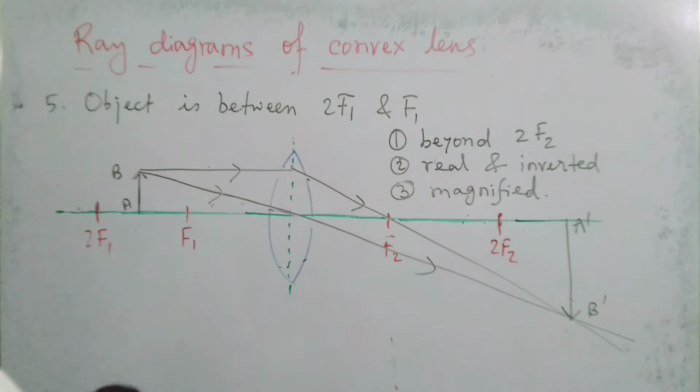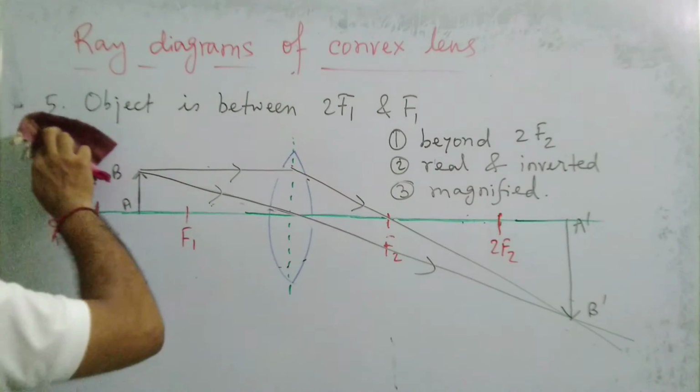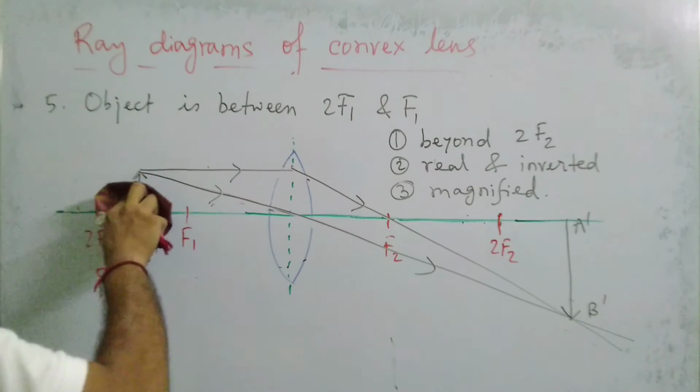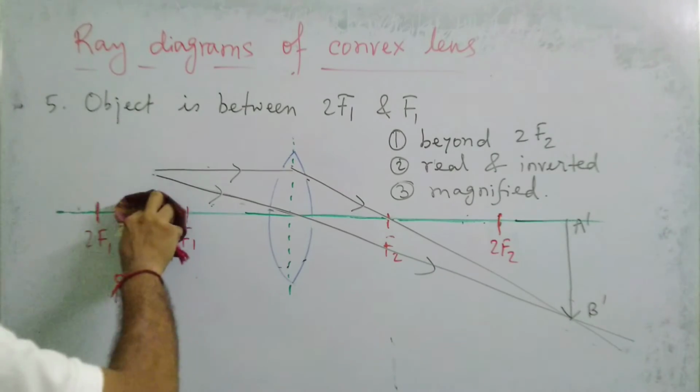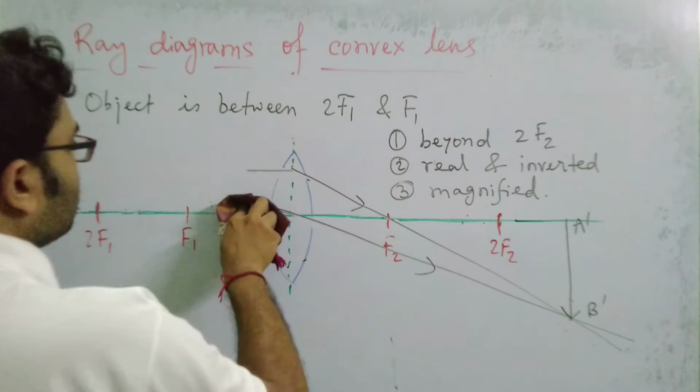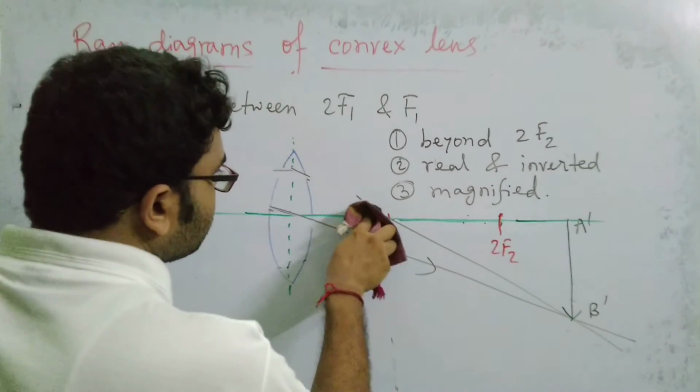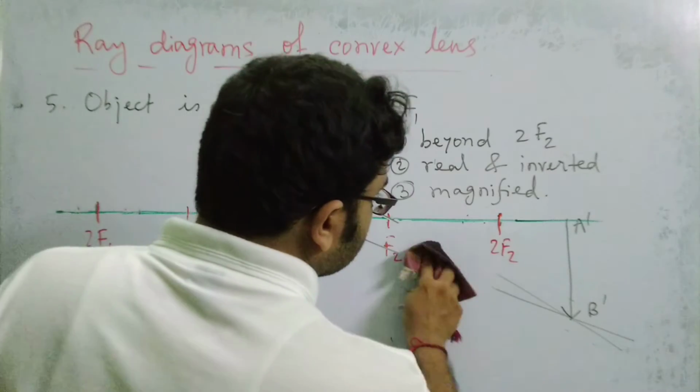Okay, so in the sixth diagram the object will be at exactly f1. Okay, so it is an interesting case. If the object comes exactly at f1, then what happens? Let us just see.